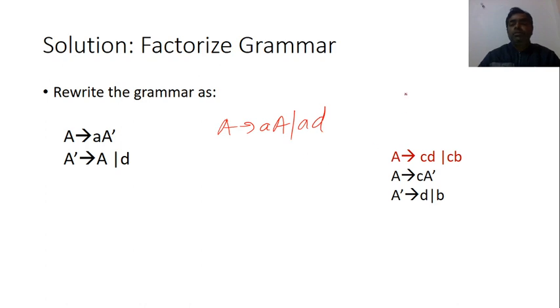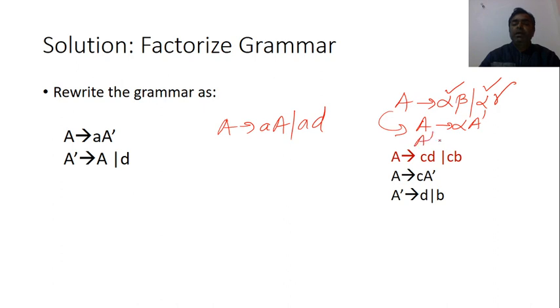If the grammar production is written like this, A derives to alpha beta or alpha gamma, then alpha and alpha are the same, and that provides the non-determinism in this grammar. How can it be removed? We write this grammar like this: A derives to alpha A prime, and A prime derives to beta or gamma. In this way I can remove the non-determinism from this grammar.